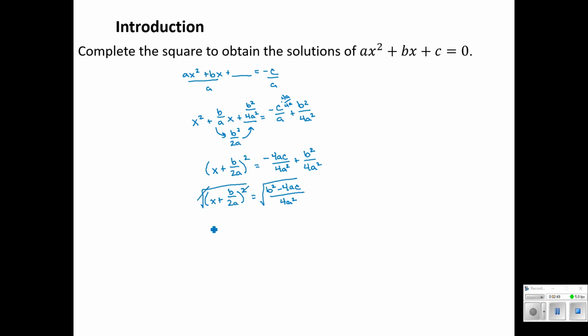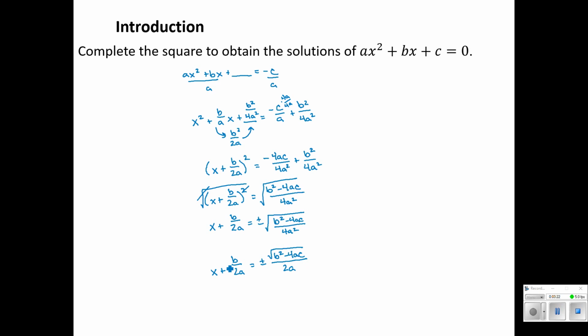Square root cancels out the square, so we've got x plus b over 2a equals plus or minus square root of b squared minus 4ac all over 4a squared. Now when we square root a fraction, it's the same as taking the square root of the top over the square root of the bottom. So I've really got plus or minus square root of b squared minus 4ac, and that's all over the square root of 4 times the square root of a squared, all over 2a.